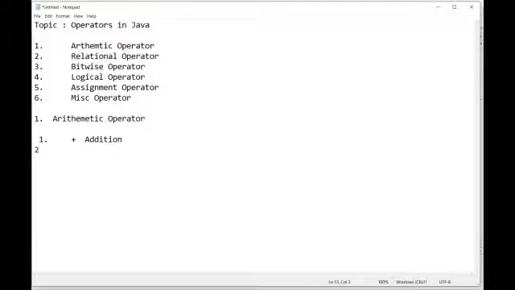The second one in this category is minus, which we call the subtraction operator. The third one is star, which we call the multiplication operator. The fourth one is the division operator. The fifth one is the modulus operator.